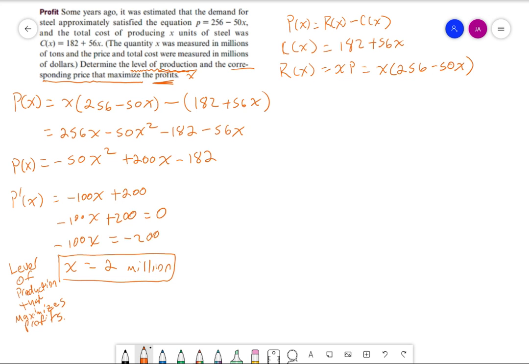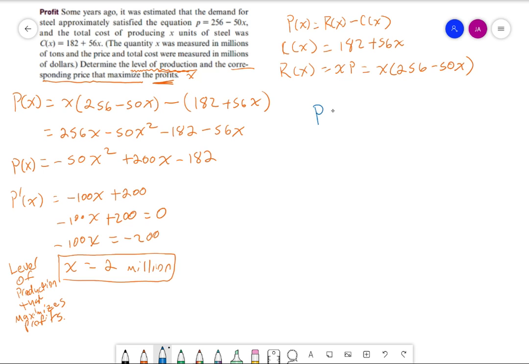Well then, not only have we now found the level of production that maximizes profits, they specifically want to know what is the price point that's going to maximize profits. Well, that means that we take our x value, or our critical value that maximizes the profits, and put it back into our demand equation.